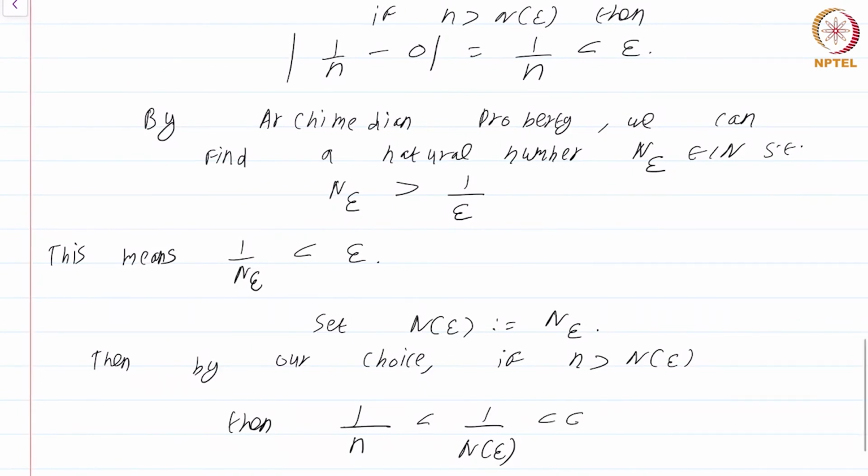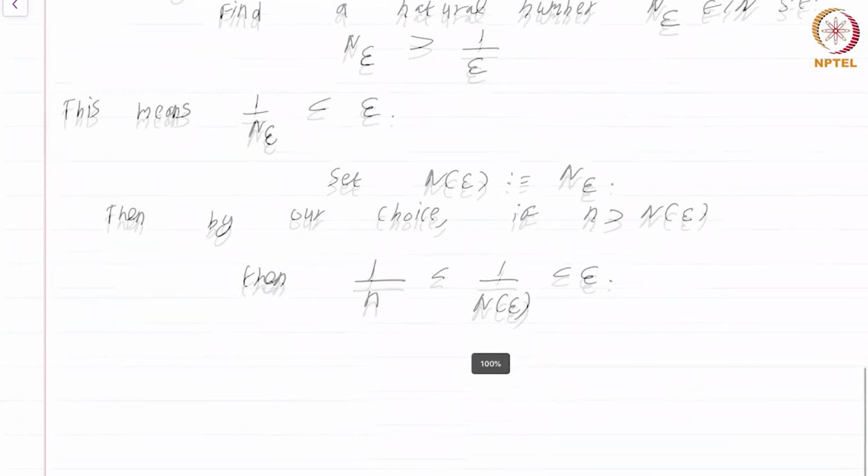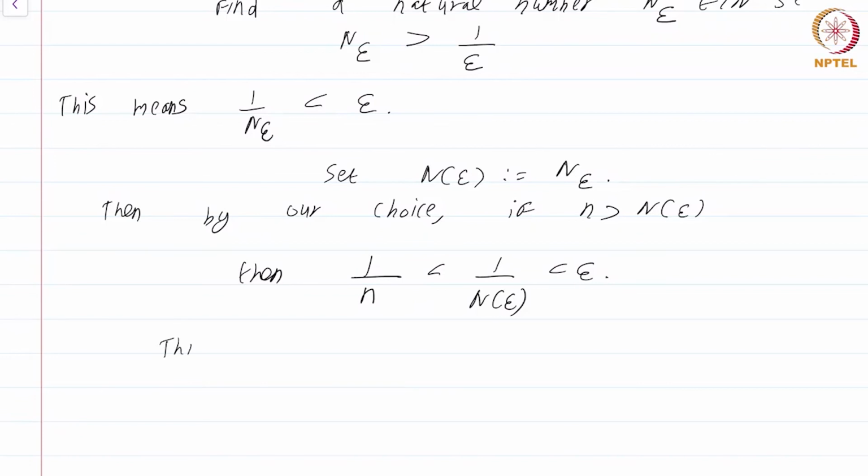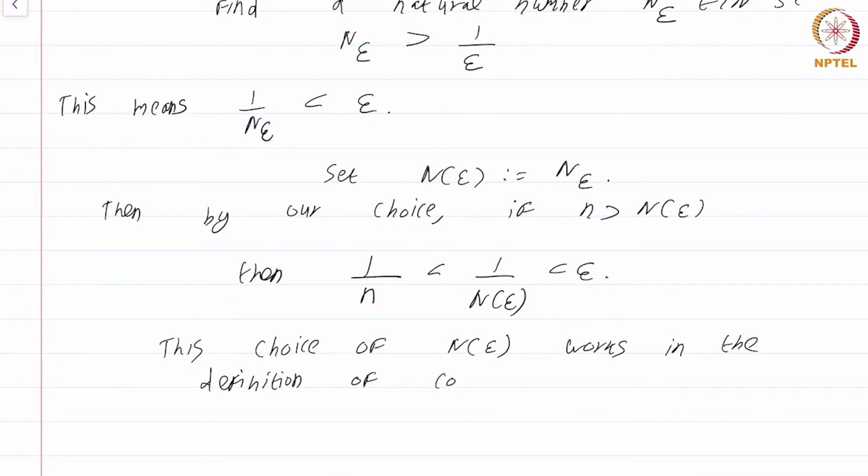That is how this N of epsilon was chosen. So this choice of N of epsilon works in the definition of convergence. The net upshot is we have found a function N of epsilon that does the job for us, and we have used the Archimedean property to do it.